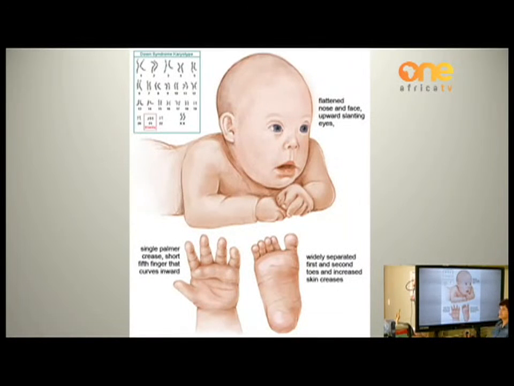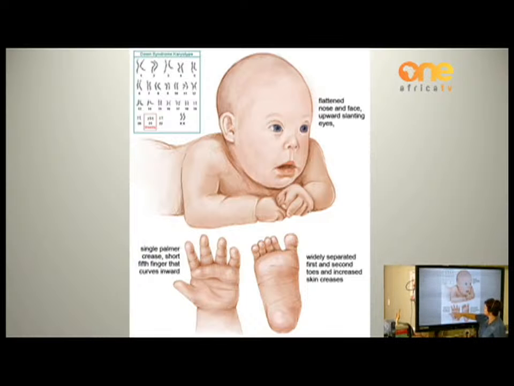Now, Down syndrome is where we see, when the baby is born, a flattened nose, upward slanting eyes, and interesting, the fingers are very short, especially the little finger, and there is a line right through the hand.